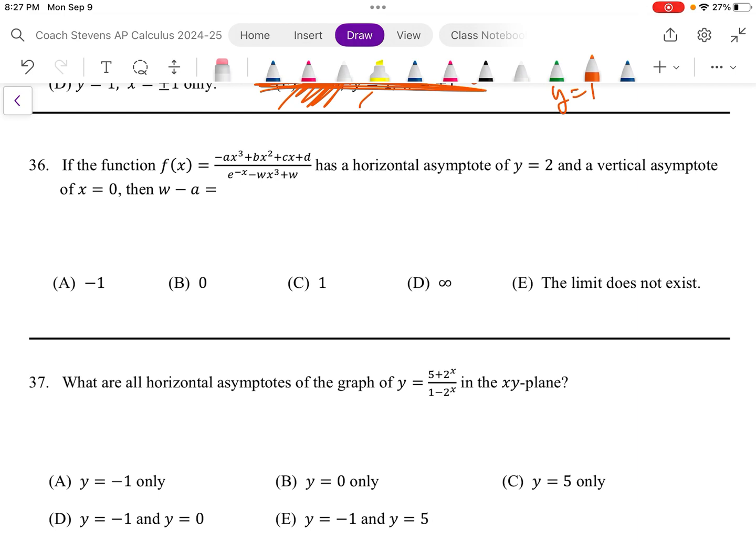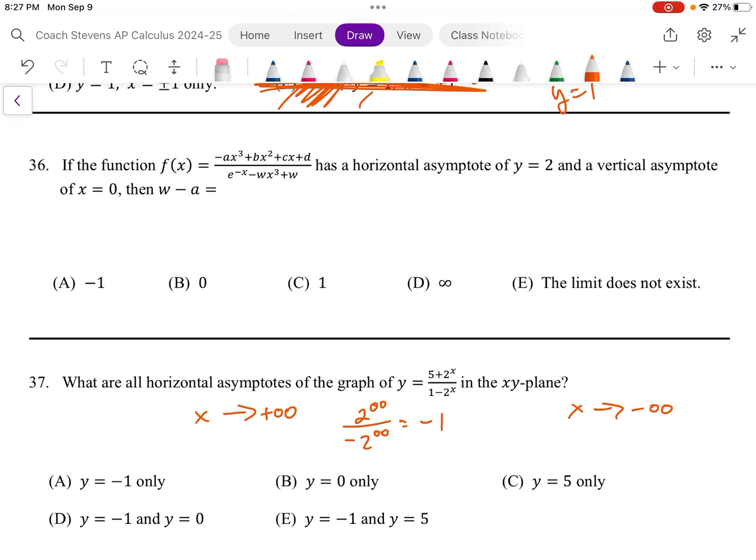So what are all the horizontal asymptotes? Let's think about as x approaches positive infinity and x approaches negative infinity. As I take the limit as x approaches positive infinity, we get 2 to the infinity over negative 2 to the infinity, which is just negative 1.